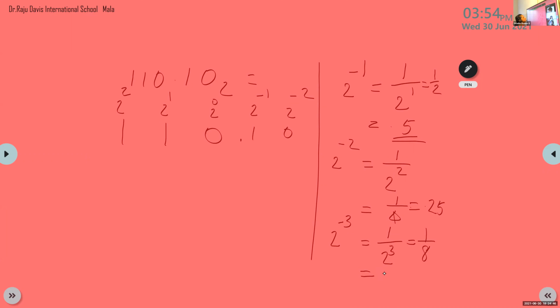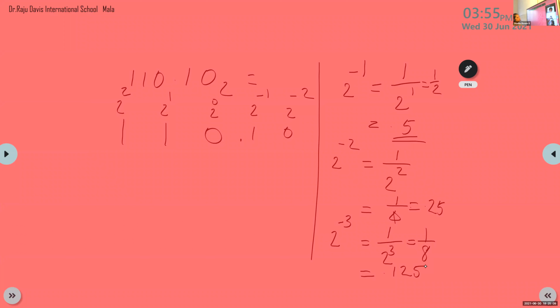Point 125, correct. 0.125. Okay. So these are the conversions. We can use any of the values. I am just displaying 2 raised to minus 1, minus 2 and minus 3.